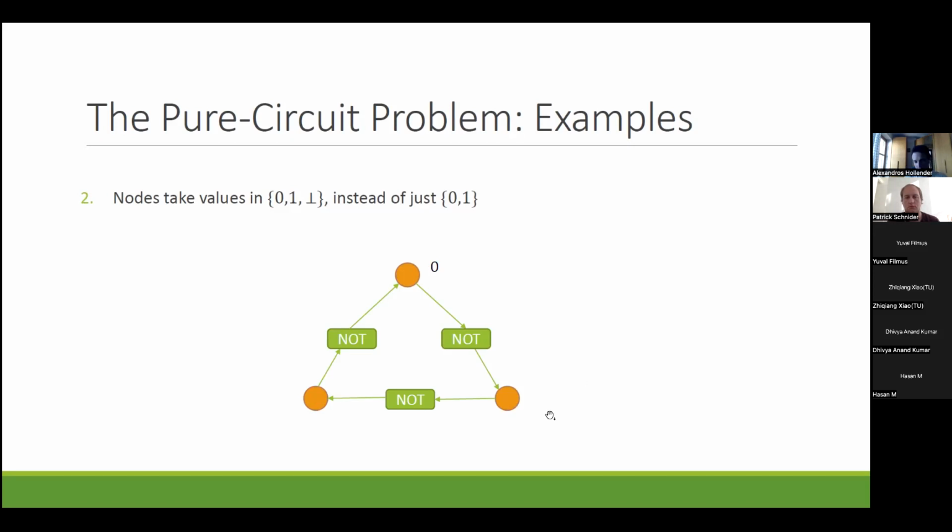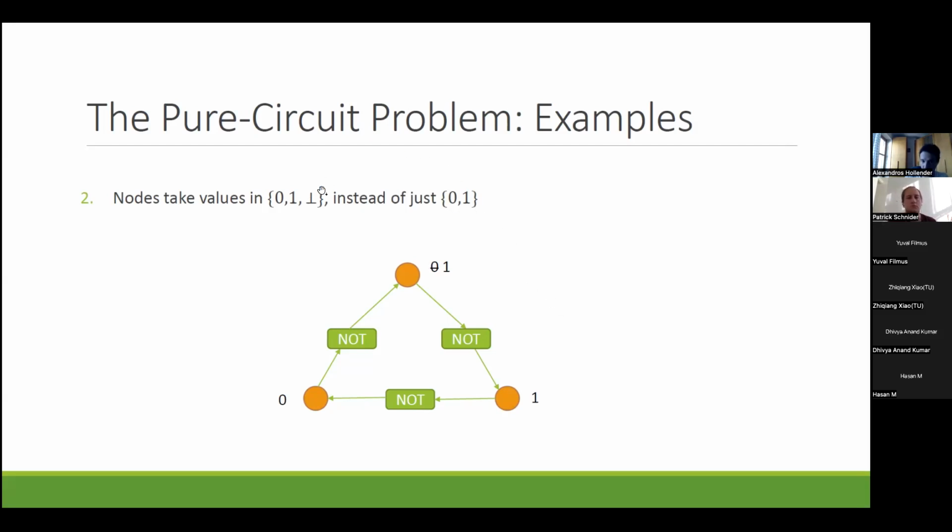Well, then I have to assign 1 to this node over here. But then I have to assign 0 to this node over here. But then to satisfy this gate, I have to make this into a 1. And you can see that this is just going to cycle. And there is no assignment of values to the nodes that satisfies all 3 NOT gates if you're just allowed to use 0 and 1.